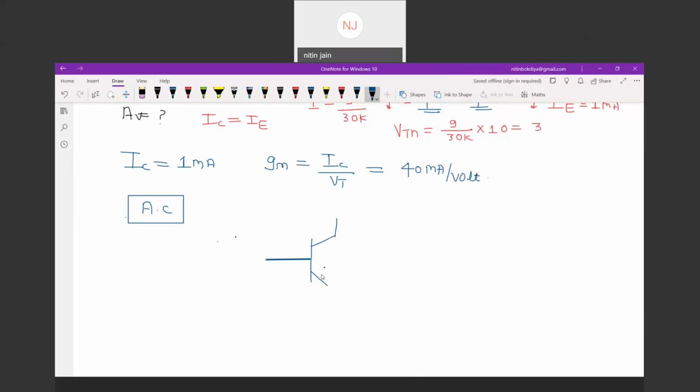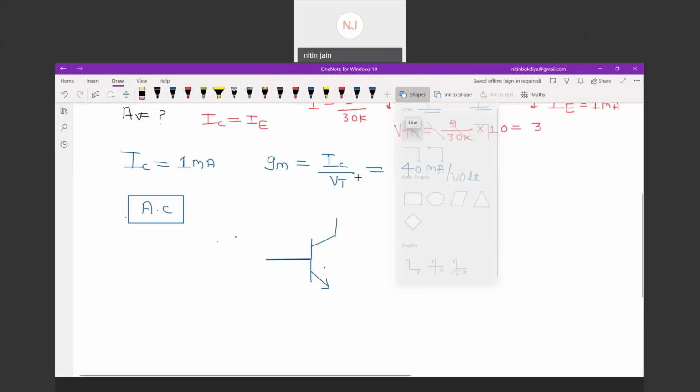Then we are having one emitter terminal. और emitter terminal के आगे क्या लगा है? एक कैपेसिटर लगा है. तो कैपेसिटर अगर शॉर्ट हो जाएगा, if capacitor behaves as a short circuit, तो emitter भी कहाँ चला जाएगा? 0 पे चला जाएगा.